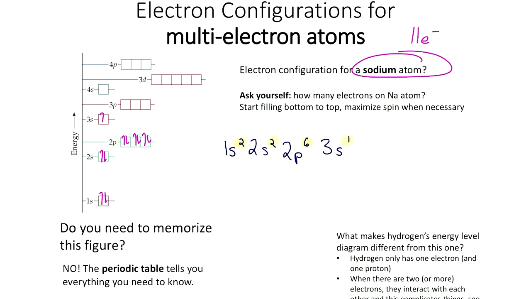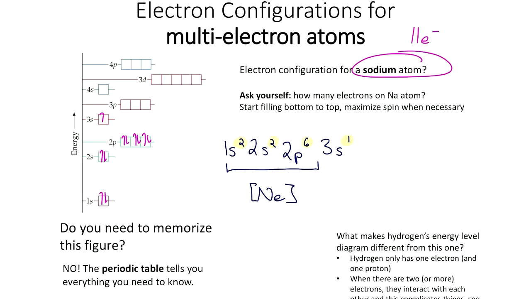All right. So we can also write a shorthand way, because we'll talk about atoms that are much heavier than this, so sometimes it's annoying to write all of them. Another way we can write this is, if you look at the first 10 electrons, the nearest noble gas before sodium is actually neon. So we can write neon in brackets. Writing neon in brackets is like a save point.